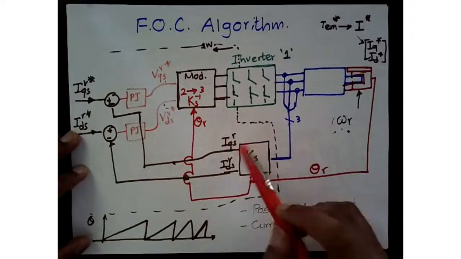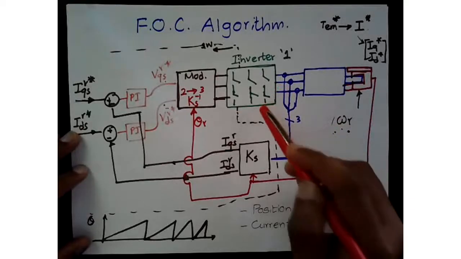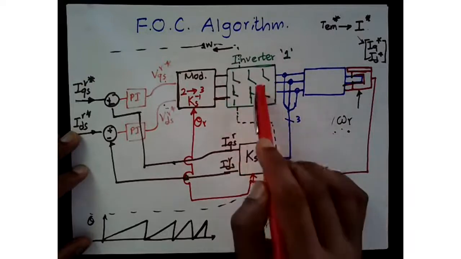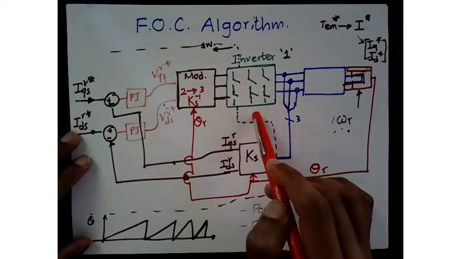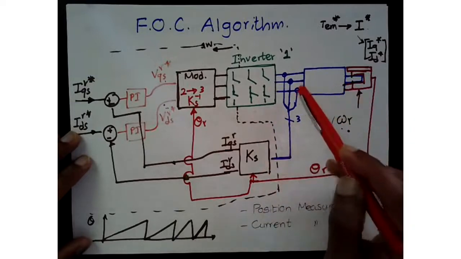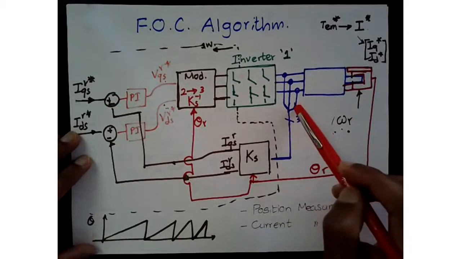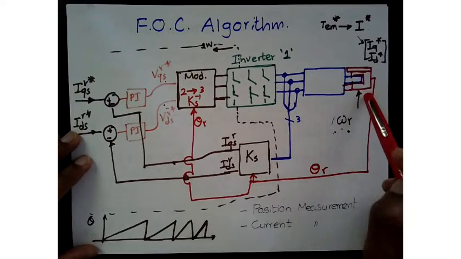Going forward, I want to highlight three things. I want to initially look at the voltage generation schemes or modulation strategies that we come across. Then look at current measurement. There are a couple of different types of current measurements that we can use, and also position measurement.